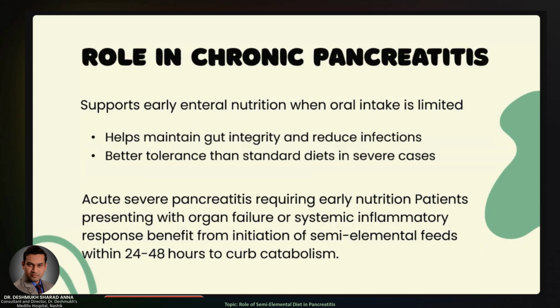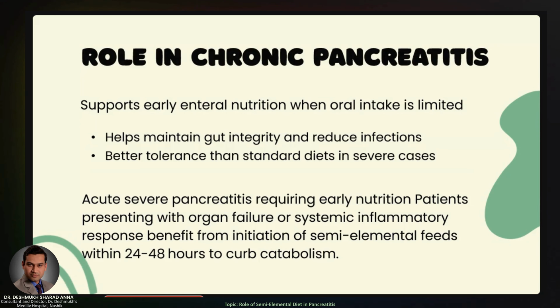In acute severe pancreatitis requiring early nutrition, patients presenting with organ failure and systemic inflammatory response syndrome benefit from initiating semi-elemental feeds within 24 to 48 hours to curb catabolism.